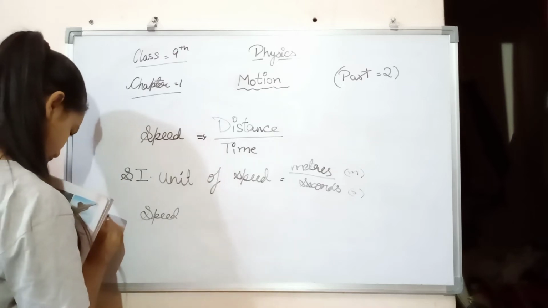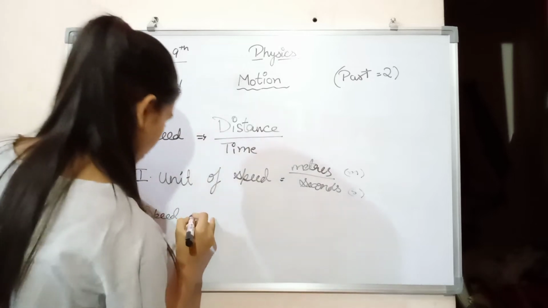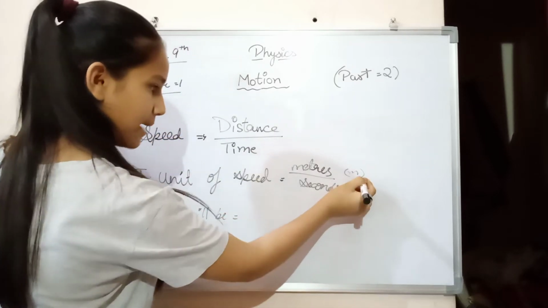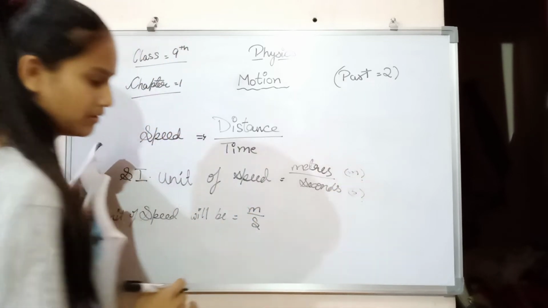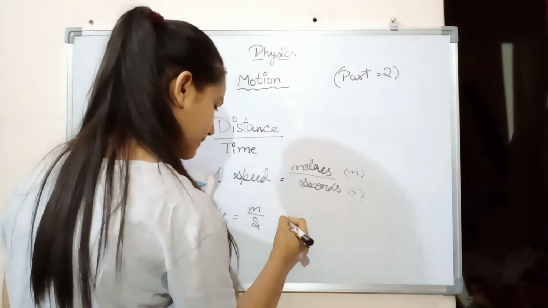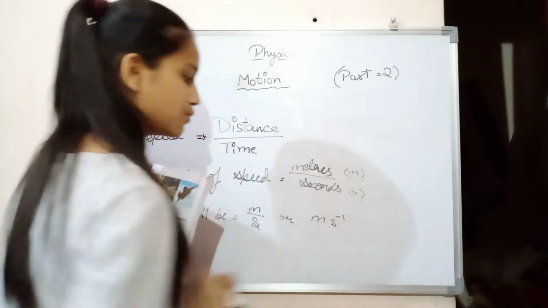SI unit of speed will be m upon s. Is that easy? Or we can also write it as ms raised to the power minus 1.